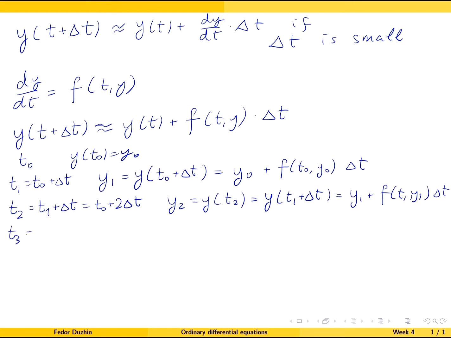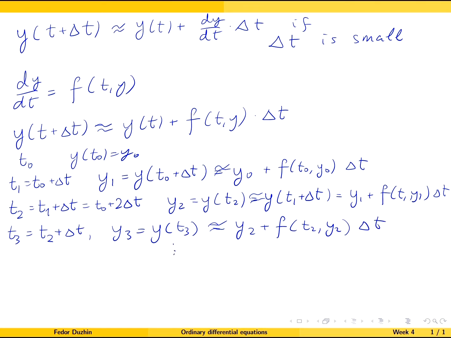Then if t3 is again t2 plus delta t, and y3 is y of t3, then according to the formula, well, strictly speaking, these are all approximate equalities, so this is only approximately y2 plus f of t2, y2 times delta t, and so on, right?